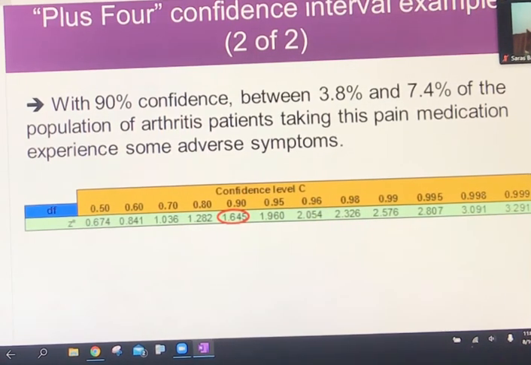So inverse norm of 0.05, you can use your TI, is your plus or minus 1.645. You can also get it from your Z star table. That's fine. We are going to use the technology.